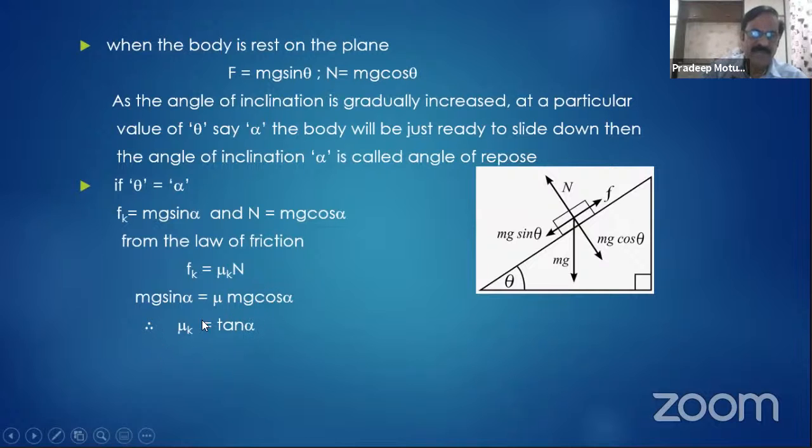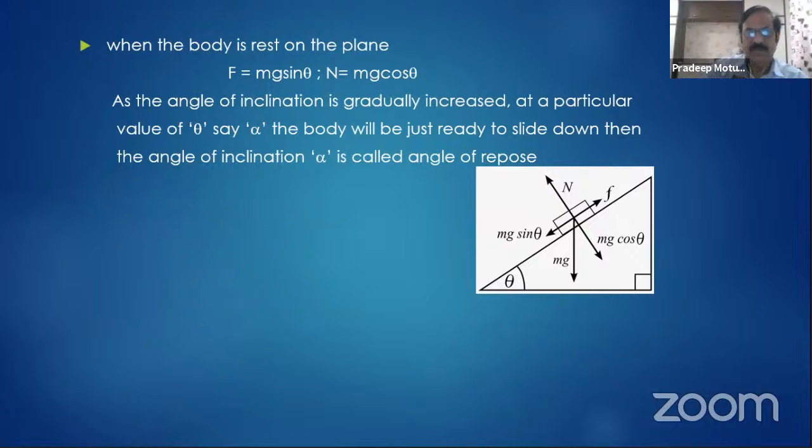By cancellation of mg on both sides, you get mu k is equal to tan alpha. Here alpha is the angle of repose. From this you can calculate this angle, that gives the angle of repose.